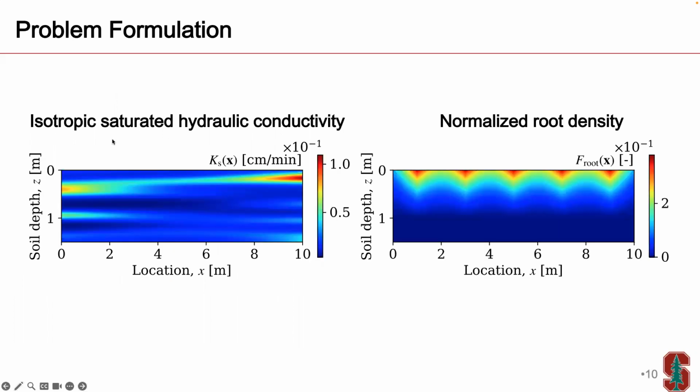And here are the plots that show the distribution of the isotropic saturated hydraulic conductivity. We use a log normal distribution, and this is the normalized root density distribution. And our goal is to estimate the evapotranspiration rate from the soil moisture sensor measurements.